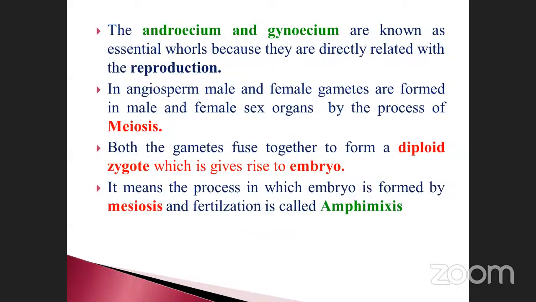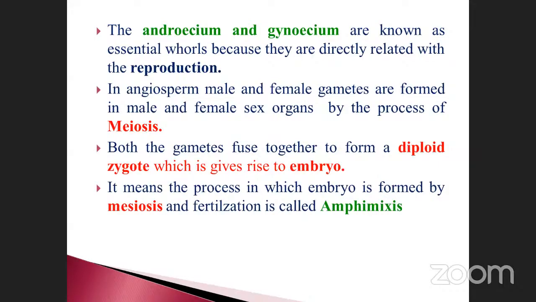See here, you know a little about androecium and gynoecium, isn't it? They correspondingly produce which gametes? Male gamete from the androecium, female gamete from the gynoecium. Both undergo meiosis. Both gametes fuse together to form a diploid zygote. That condition is called amphimixis.